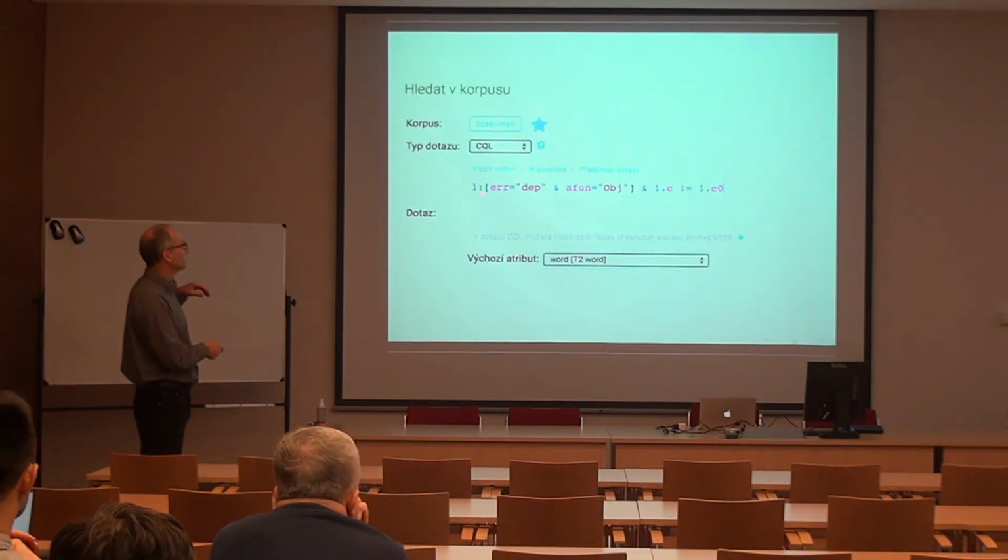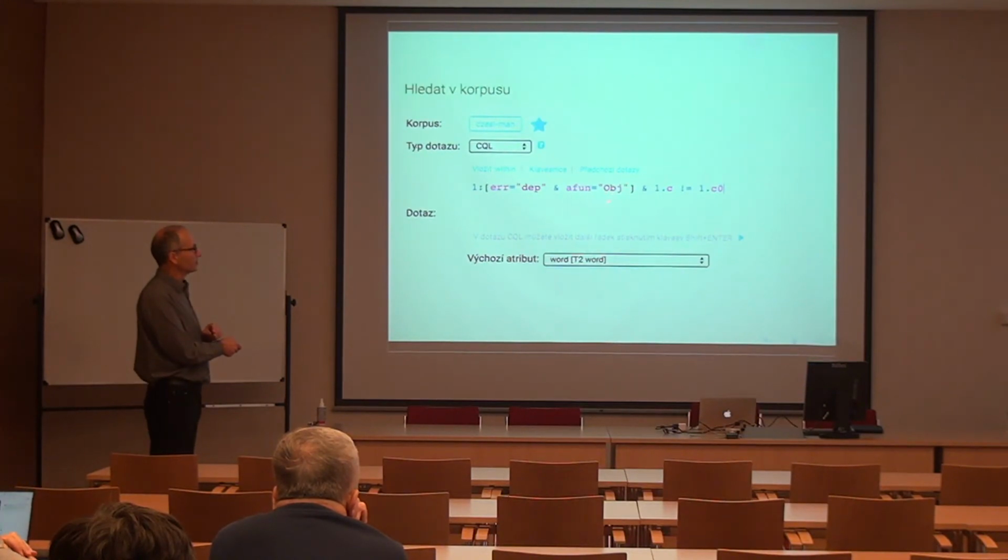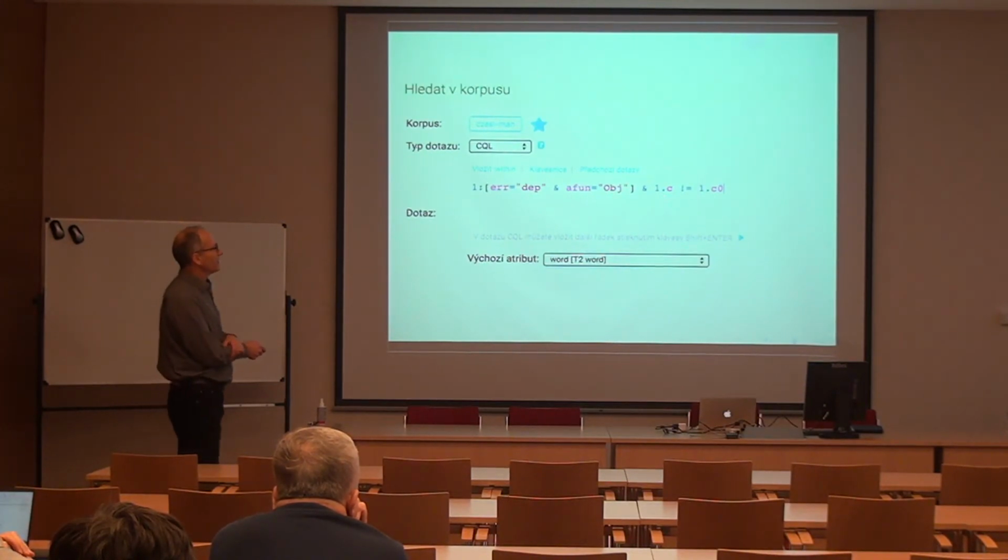So you search for a word that has a dependency type of error. So that's government or valency, and it has these syntactic functions, and the corrected case is different from the original case.